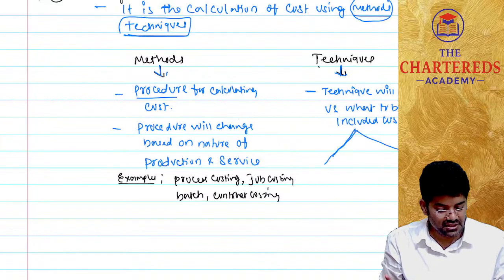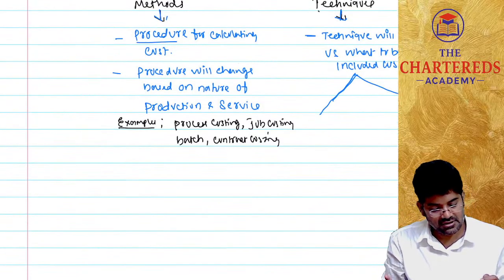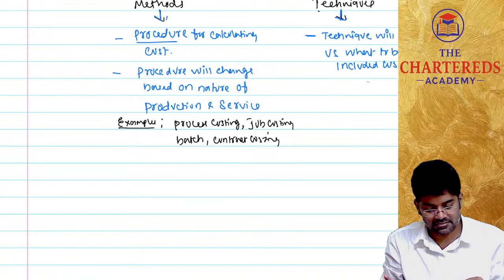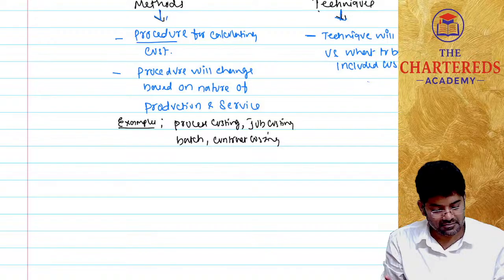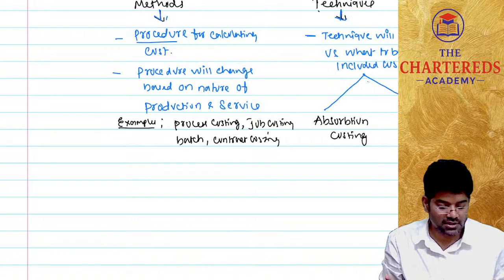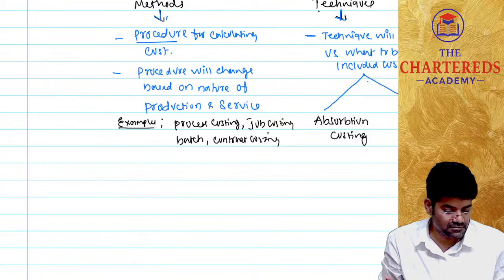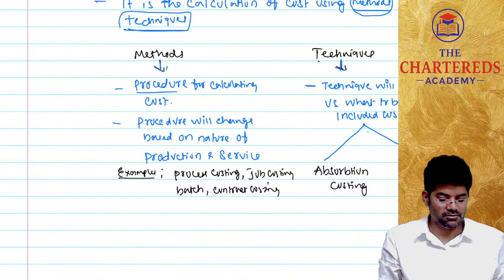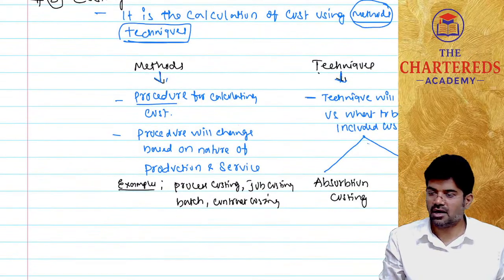One is absorption costing, the other one is marginal costing.